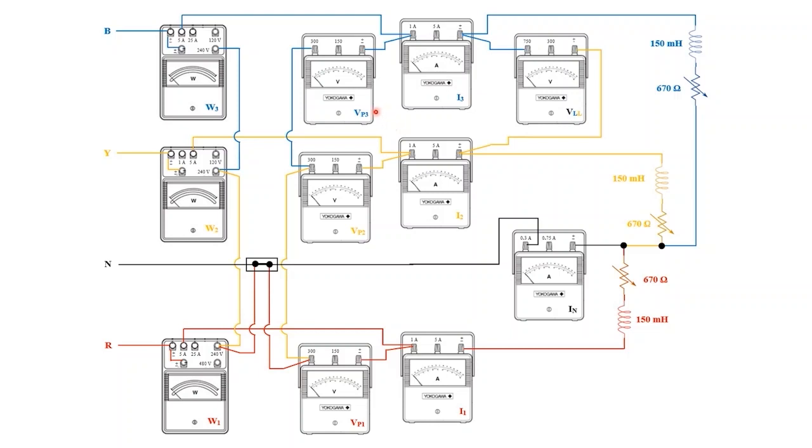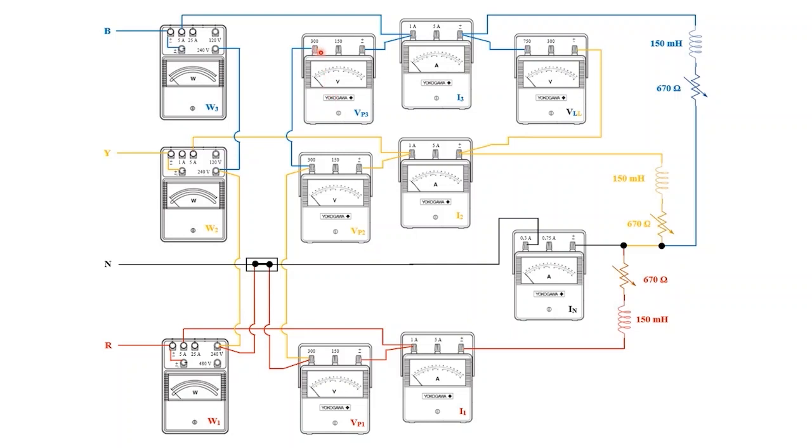In phase B, this terminal is connected to phase B, in phase Y, this terminal is connected to phase Y, and in phase R, this terminal is connected to phase R. So in each and every voltmeter, one terminal is connected to its relevant phase. The other terminal is common.